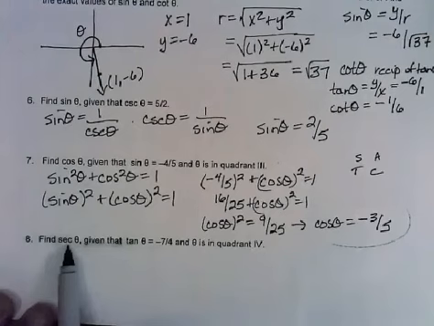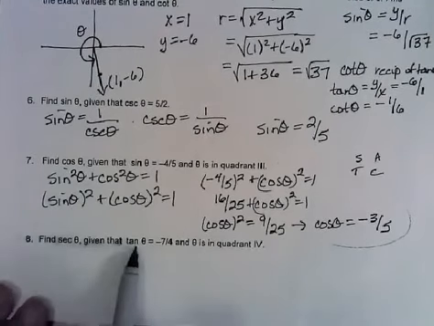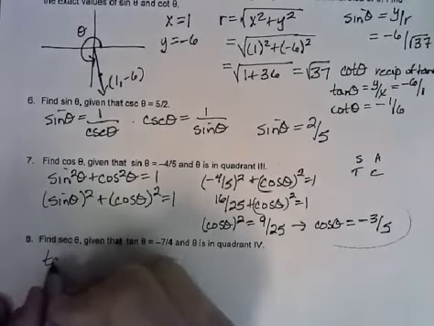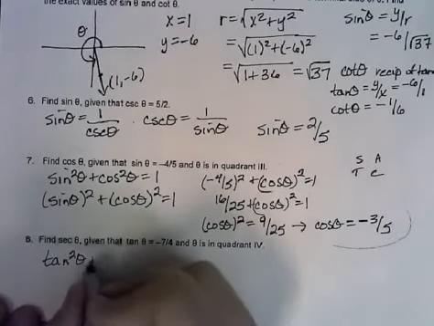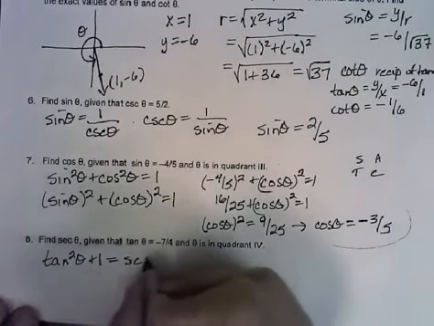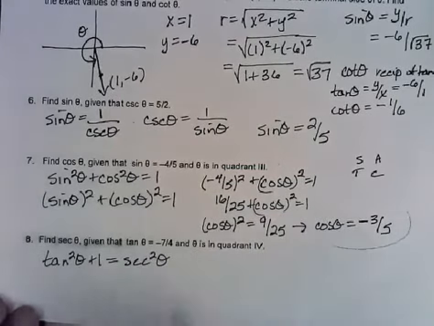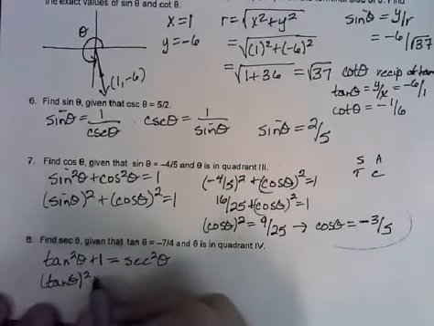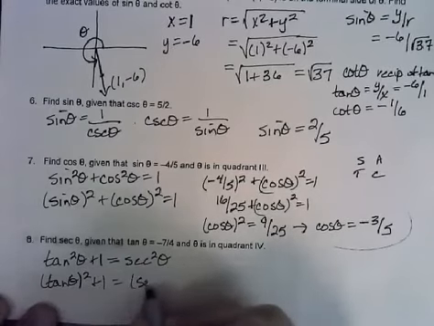Okay, one more. This one involves secant and tangent. If you look through your identities, there is one that involves just secant and tangent. That one says that tangent squared theta plus 1 equals secant squared theta. This is another one of the Pythagorean identities. I'm going to rewrite this with the exponents on the outside again.